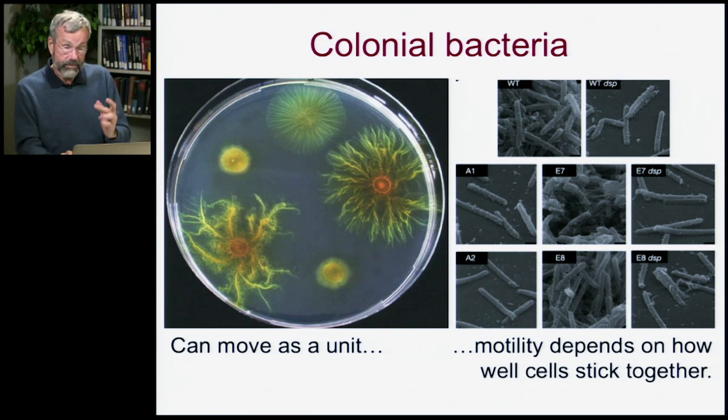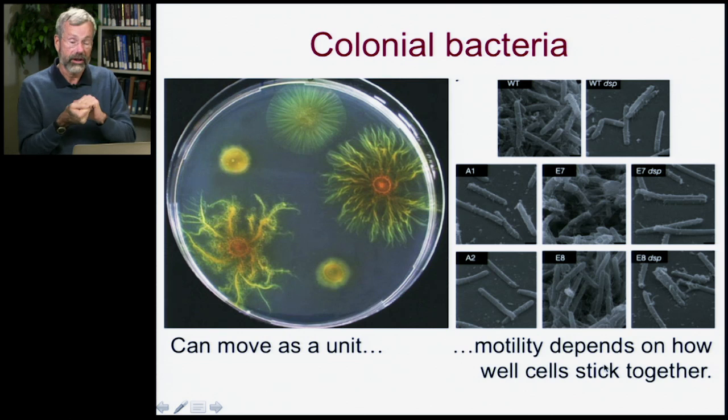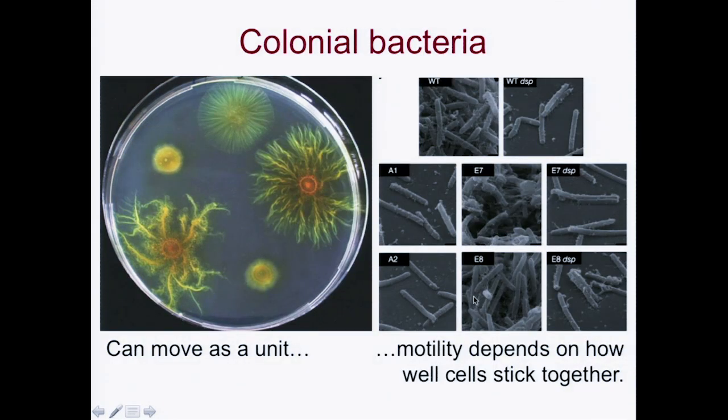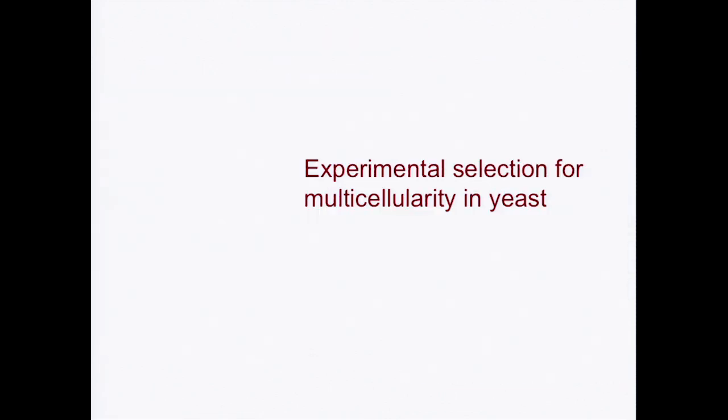Those bacterial colonies that are able to move as a unit can move more efficiently if their cell walls stick really strongly together. So here's a number of different lineages of bacteria that are known to form colonies, and some are really quite sticky, almost like glue on the surface, and they can stay really firmly stuck together. With that larger structure, then they can move around.